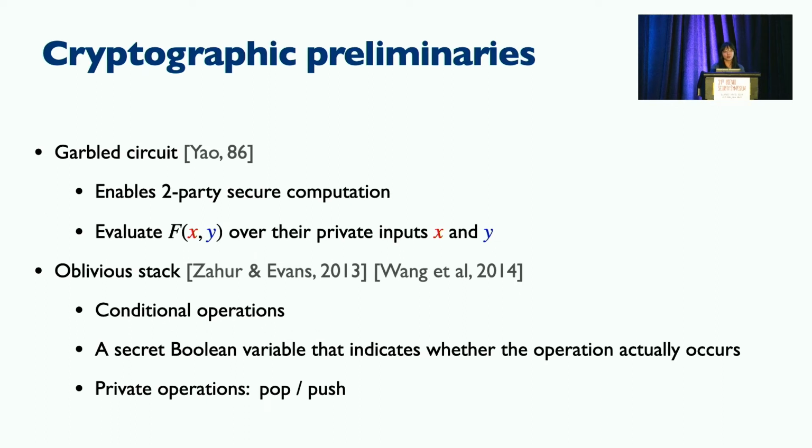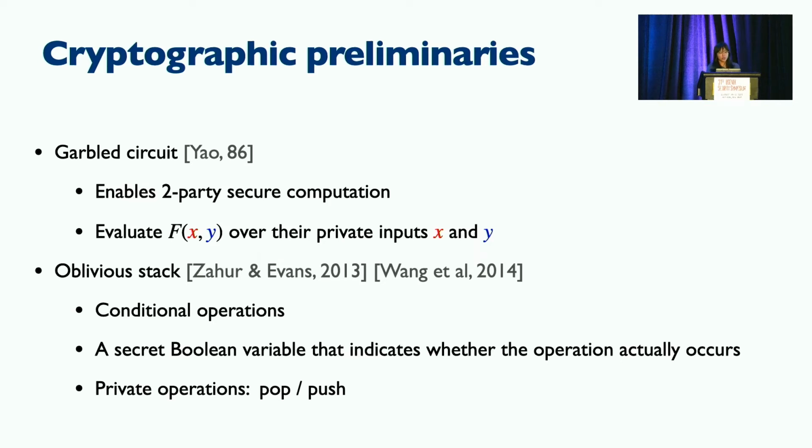In this work, we use two cryptographic tools to obtain enhanced privacy. The first one is garbled circuit. Garbled circuit enables two-party secure computation so that two parties can evaluate a function over their private inputs. We also use an oblivious stack. An oblivious stack provides private operations over the stack.